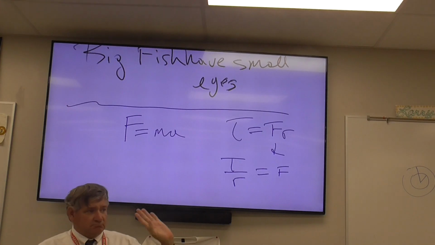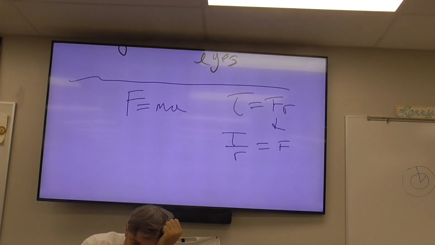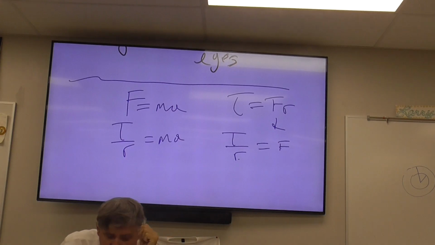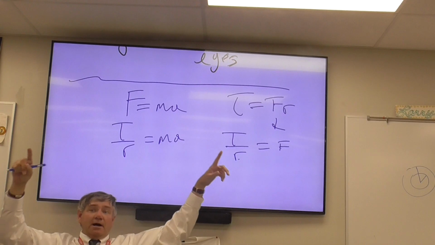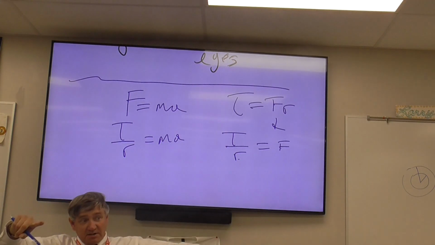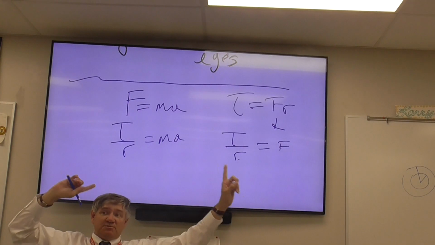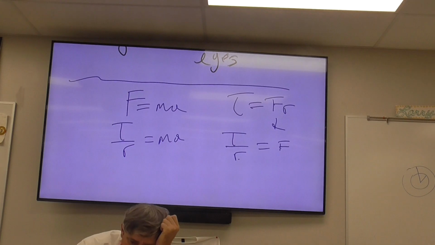Nothing magic. So I'm going to take torque over radius and substitute that in here. So I'm going to have torque over radius equals mass times acceleration. But we're not talking about linear acceleration, we're talking about angular acceleration. So what's the equation that we talked about yesterday that crosses the bridge between linear acceleration and angular acceleration? a equals what? Radius alpha. r alpha.